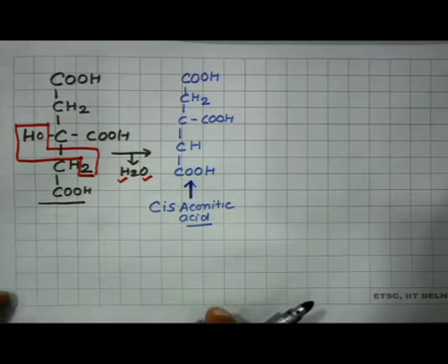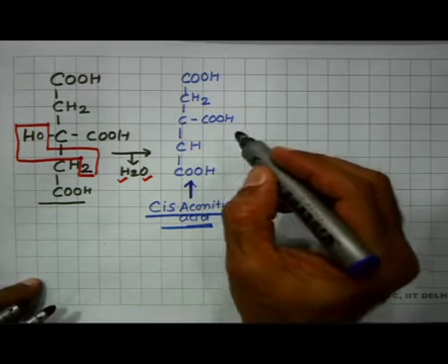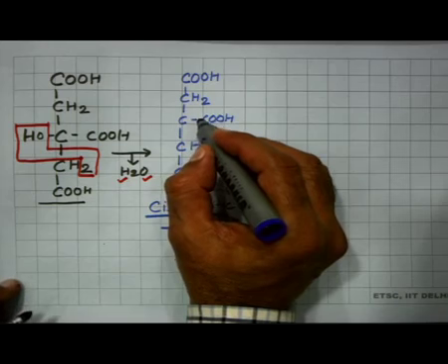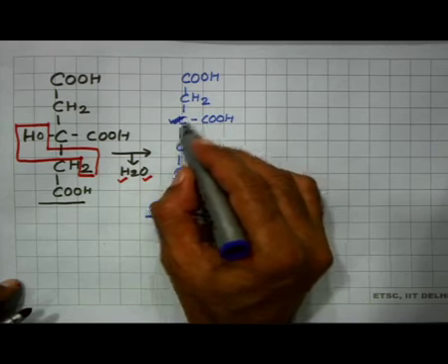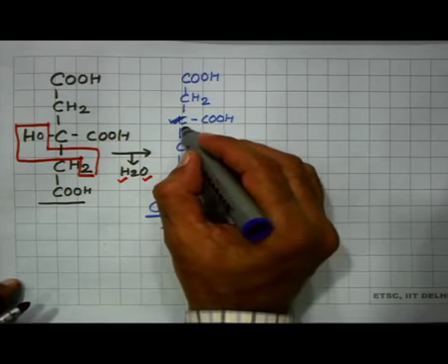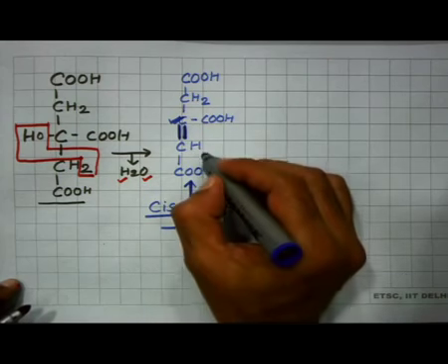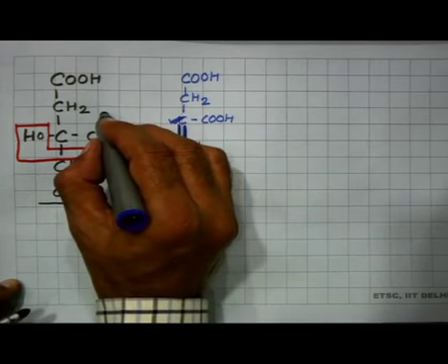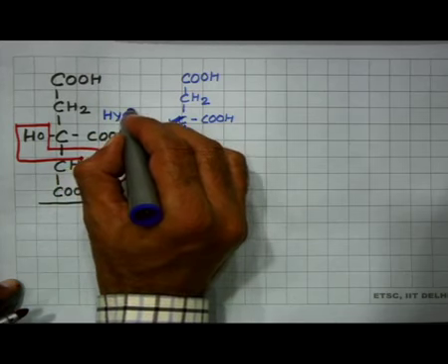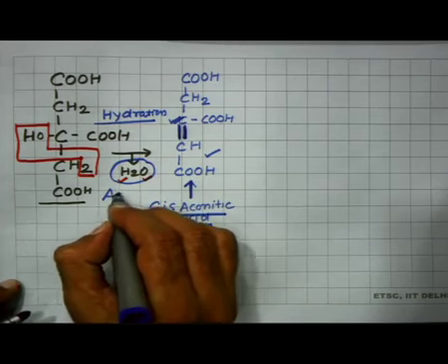When you write the structural formula of any organic compound, you must know that the valency of carbon must be 4. Here in this case the valency of carbon is 1, 2, 3. So, this reaction is not sufficient. Here the single bond is converted into a double bond. Now, the structure is cis-aconitic acid. This process is called dehydration, because water is removed, and the enzyme is aconitase.